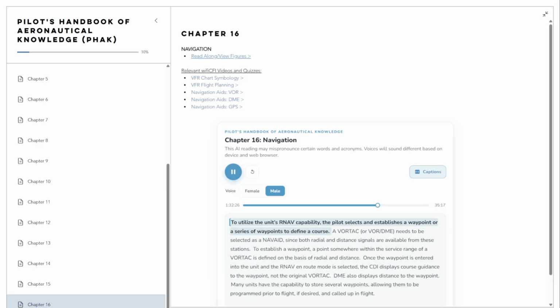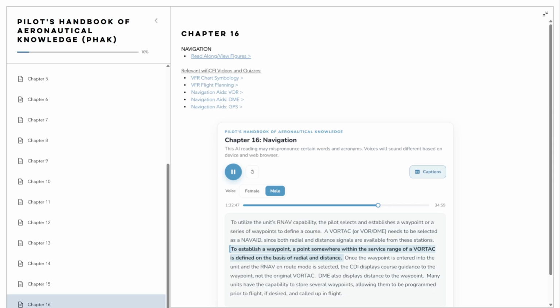To utilize the unit's RNAV capability, the pilot selects and establishes a waypoint or a series of waypoints to define a course. A VORTAC, or VOR/DME, needs to be selected as a NAVAID, since both radial and distance signals are available from these stations. To establish a waypoint, a point somewhere within the service range of a VORTAC is defined on the basis of radial and distance.